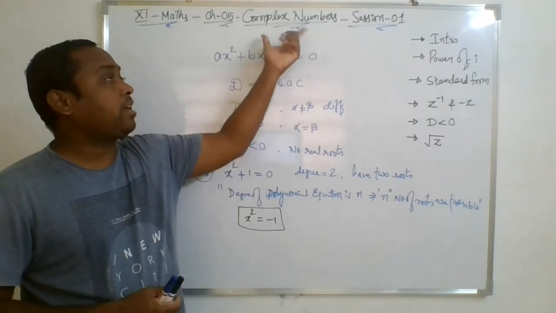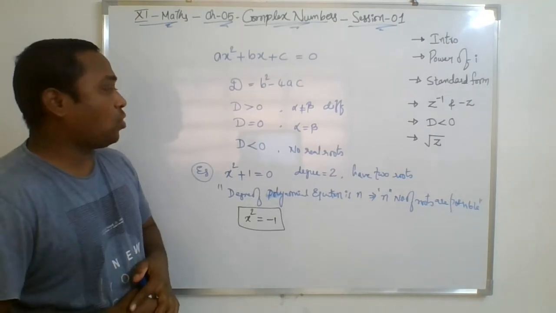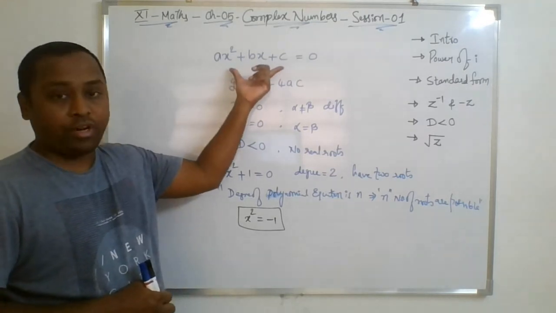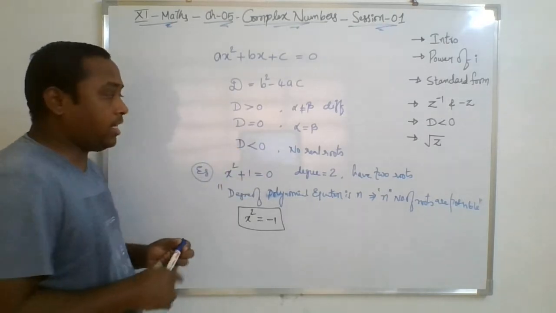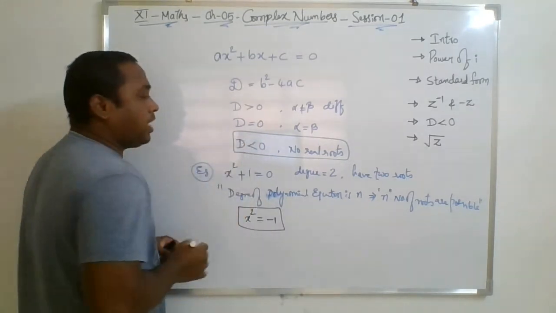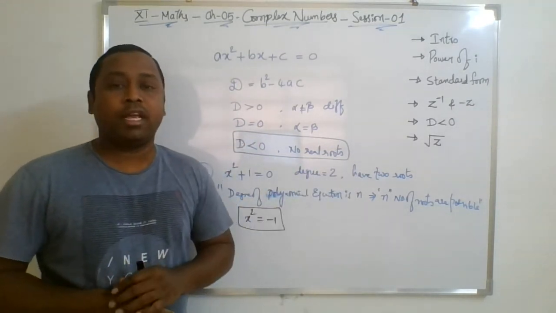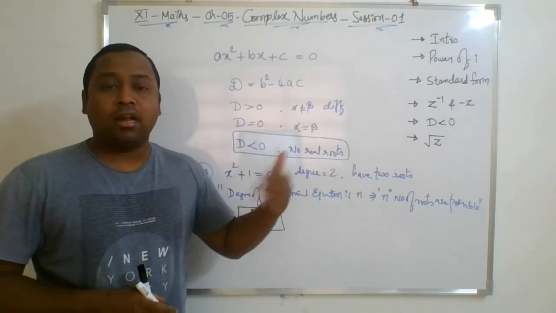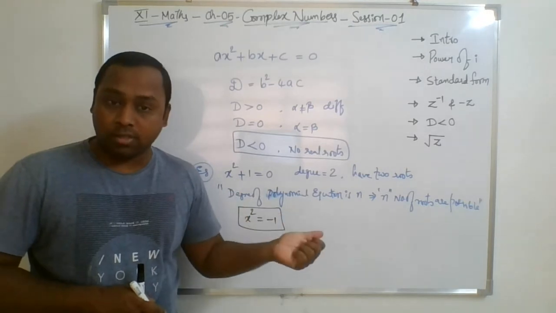So that's why this complex number needs to be understood, just to solve a quadratic equation where the discriminant is negative, where no real roots are possible. It means there are roots which are not real but they are possible.